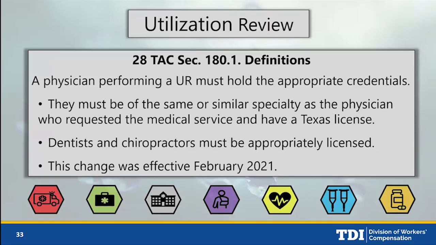So they also need to have a Texas license. And if it's a dentist or a chiropractor, it needs to be a dentist or a chiropractor reviewing it. And that's all in the 180.1 definitions. So just as an example, you shouldn't have a chiropractor reviewing the request of an orthopedic surgeon.